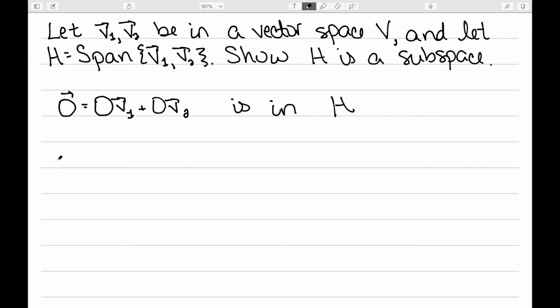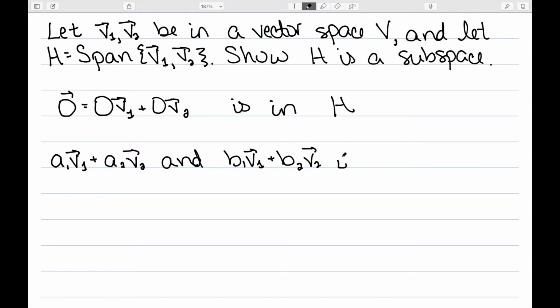For my second one, I need two vectors in the span. So I need a1 v1 plus a2 v2 and b1 v1 plus b2 v2. So this is what things look like in H. And then I need to look at adding them up.